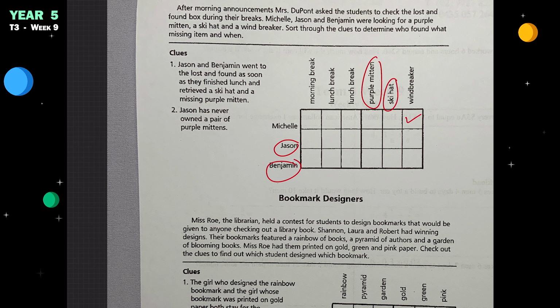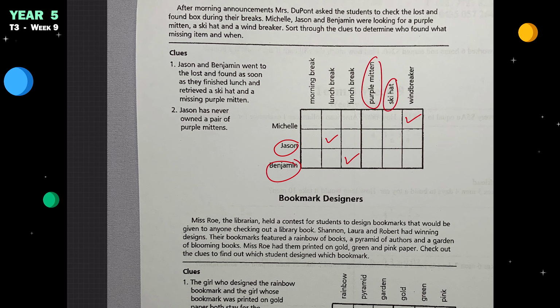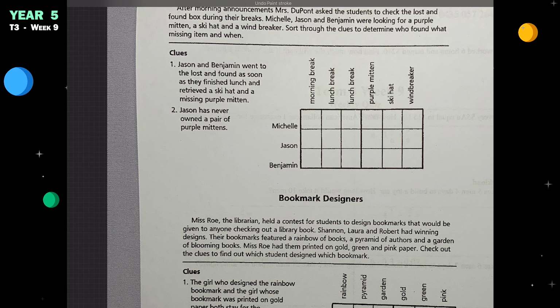Now we also know that Benjamin and Jason also went as soon as they finished lunch. So therefore they did the lunch break. Okay, we don't need to know that. Oops. Okay, pressed the wrong button. Let me just get rid of that for 1 second.